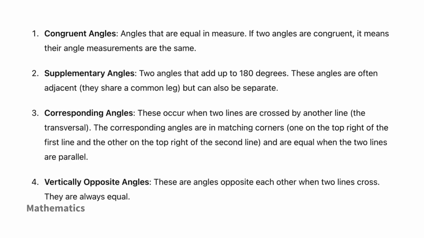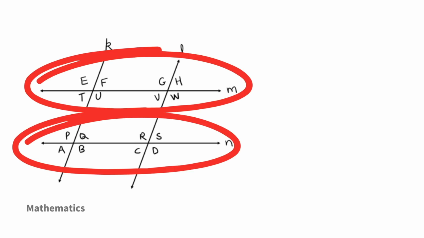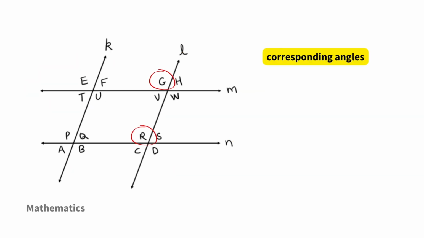Knowing this, let's go back to the original question. So, what answer did you come up with? Here's what I see. Lines M and N are parallel. I also notice that angle G and angle R form a pair of corresponding angles. These angles are equal.